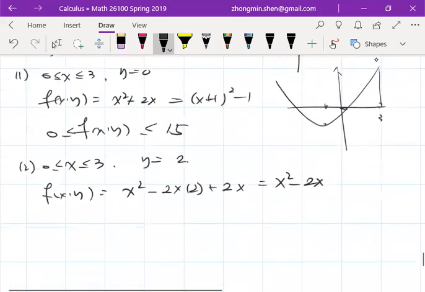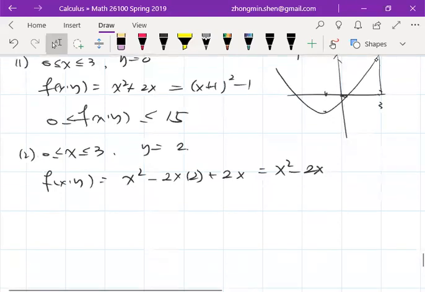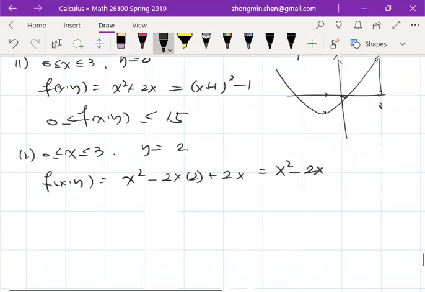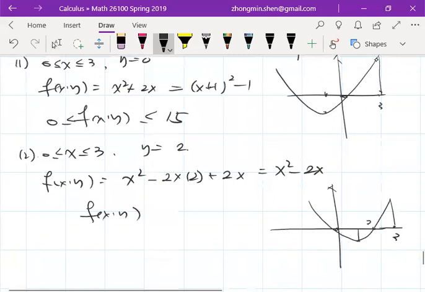Okay, but this will be slightly different because the graph of this function is going to be like this, and here's 2, that's a 3. So the function has a negative value when x equals 1. When x equals 1, 1 minus 2 is negative 1.